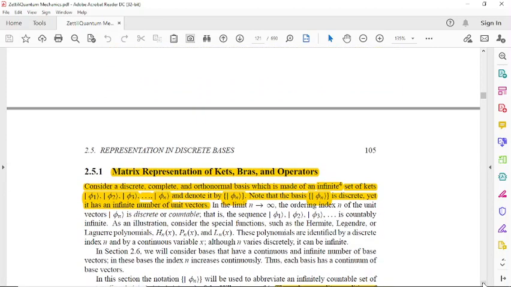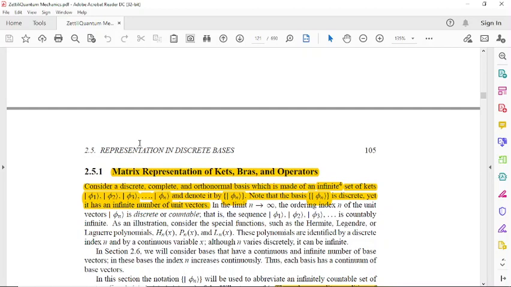Okay, before that, we are going to express the matrix representation now. Consider a discrete, complete and orthonormal basis which is made of an infinite set of kets. Hilbert space is an n-dimensional vector space.